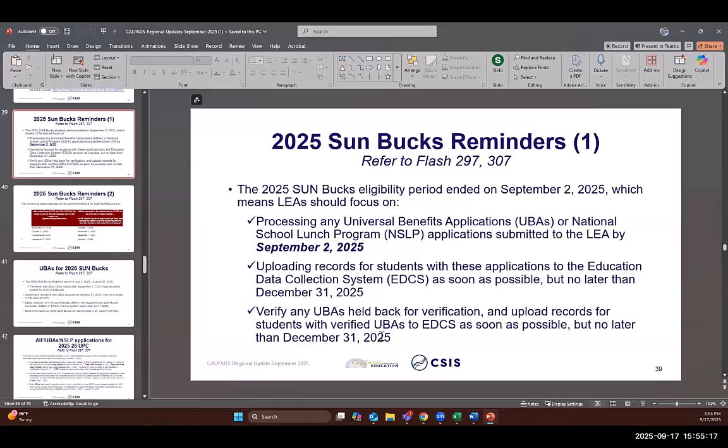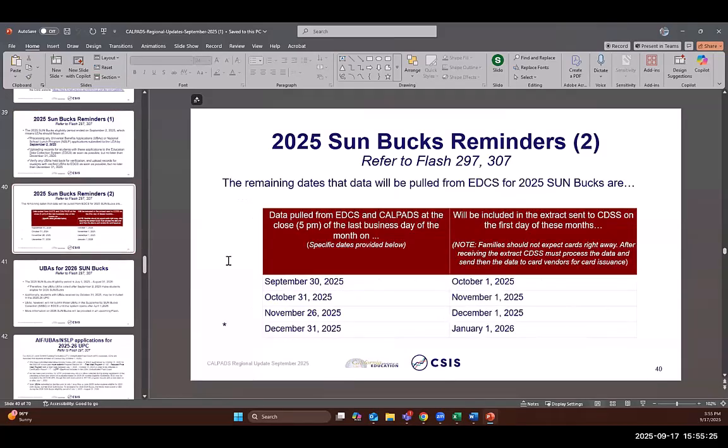It says that you need to verify any that you held back for verification by December 31st, and it looks like that's the final date in the series of deadlines for the EDCS.